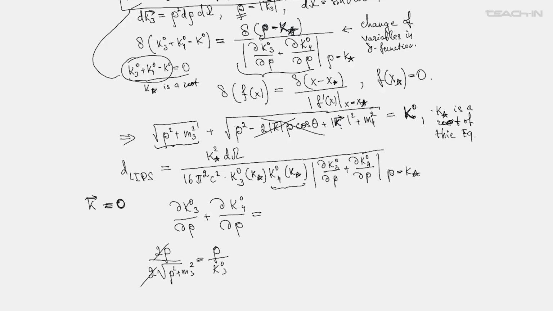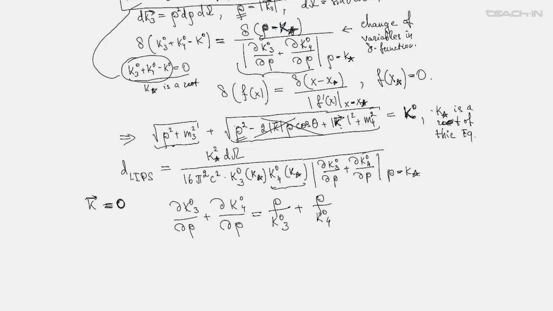And analogously, for the same reason, you get the derivative of k04 over d rho. You need to differentiate this expression over d rho. Clearly, you get a similar thing, rho divided by k04. Again, you differentiate the square root over rho, you get rho in the numerator, k04 in the denominator.